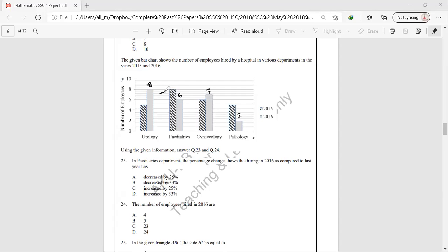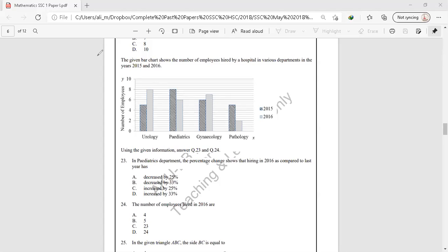So if we add all these employees, 8 plus 6 plus 7 plus 2, we will get a total of 23 employees in 2016. So the correct option in question number 24 is option C.